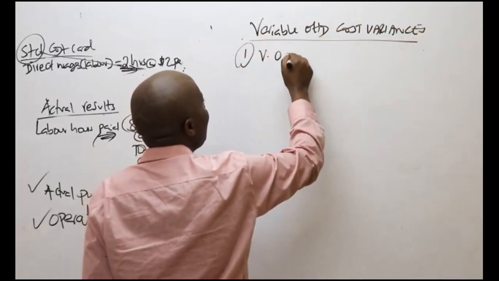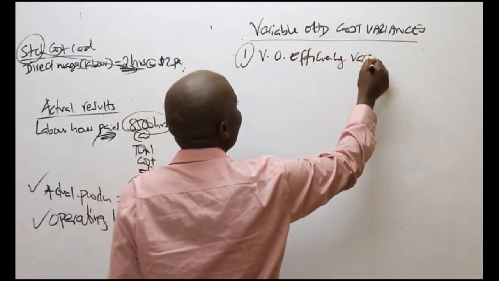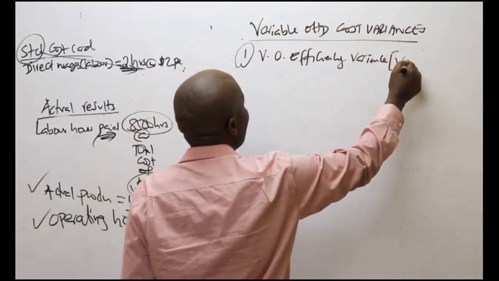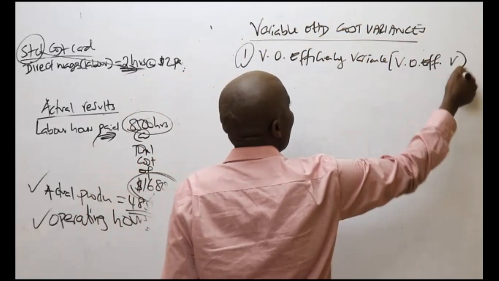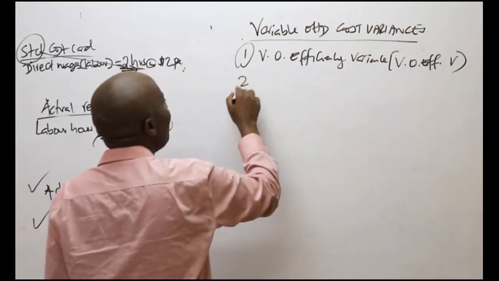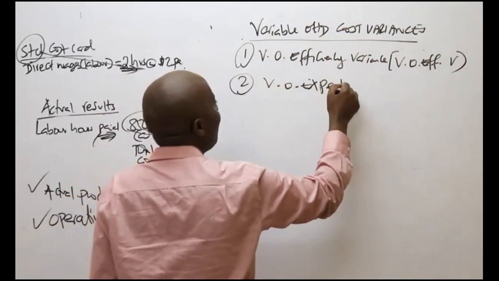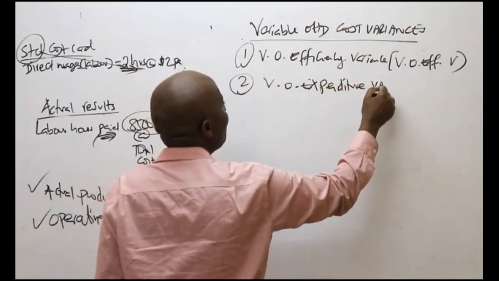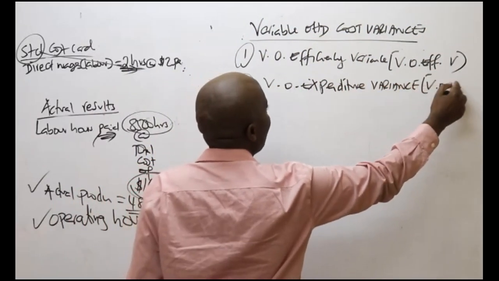Number one, we have variable overhead efficiency variance. And number two, we have variable overhead expenditure variance.